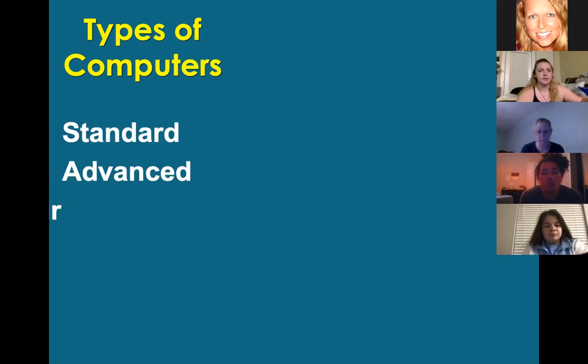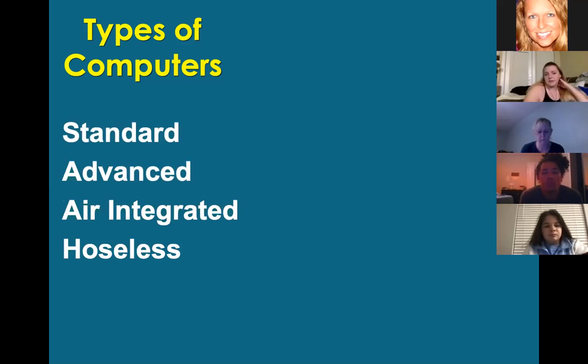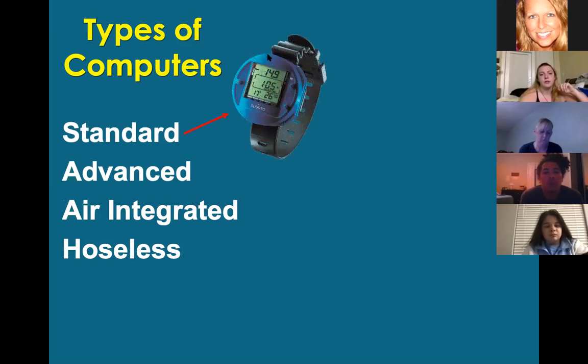So like I said, there's a couple types: standard, integrated, and then hoseless. So we're gonna go over what that means. This is what a standard one looks like. This is actually the one that I have, not the exact one, but I have a wrist computer, and it just tells me the bare basic information, like how deep I am, how long my dive was, those kinds of things.